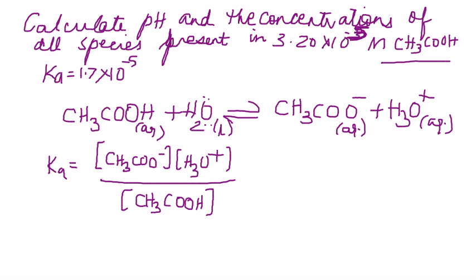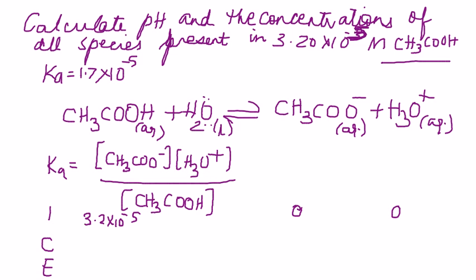If you had to now set up the ICE table for this, initial, change, and then equilibrium, you would say that in the beginning, the initial concentration is present as acetic acid by itself. And as time passes by, a little bit of acetate is going to get generated.